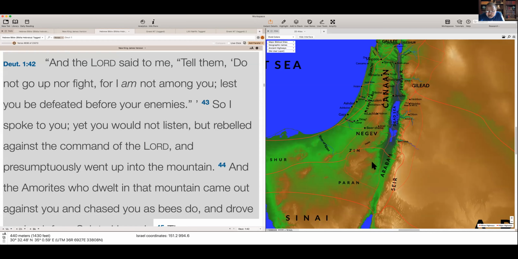All the bloodshed in the Bible is explained in these verses if we understand them correctly. And it is explained as presumptuous behavior, which was literally a temper tantrum. That's why it took them 40 years to get from here to here.